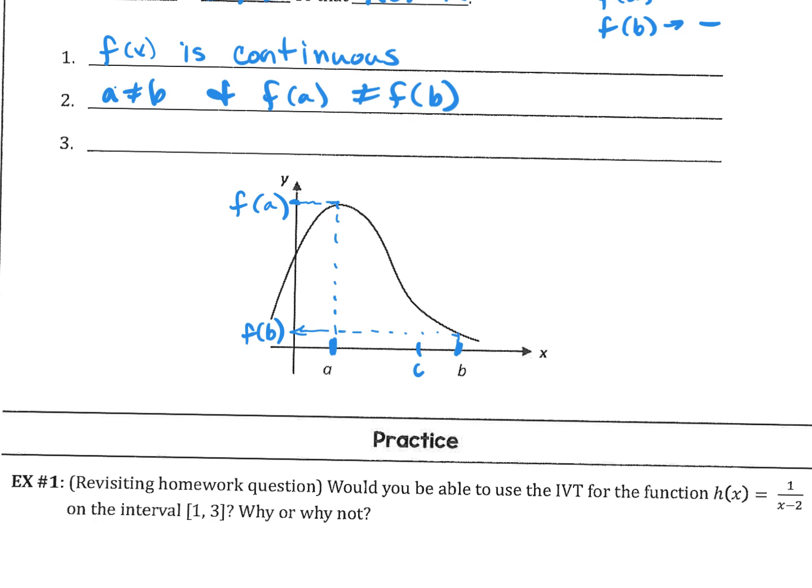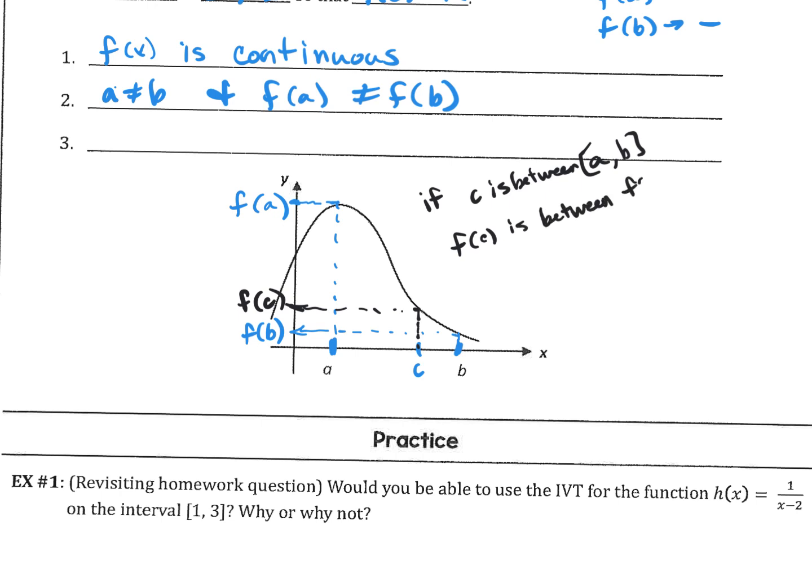So the intermediate value theorem says if you've got an x value in the middle of two other x values, then the y value has to be somewhere in the middle of the other two y values. So take a look and see. If c is between a and b, then f of c is between f of a and f of b.